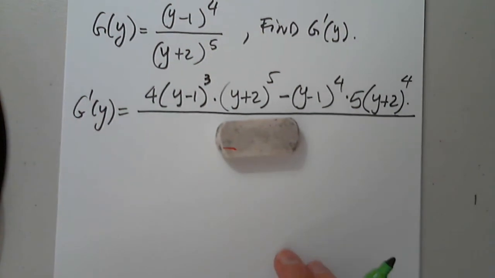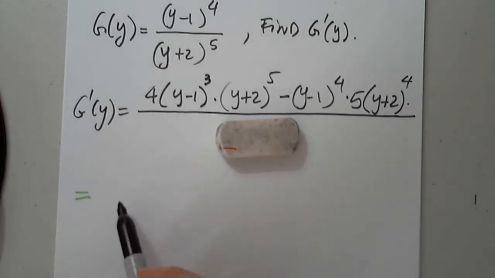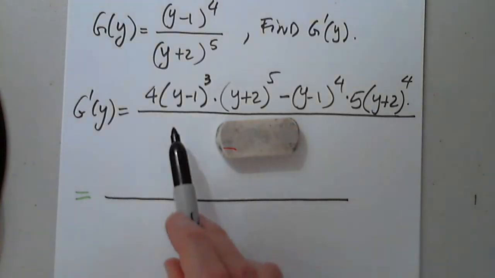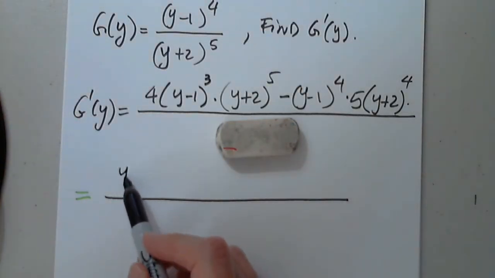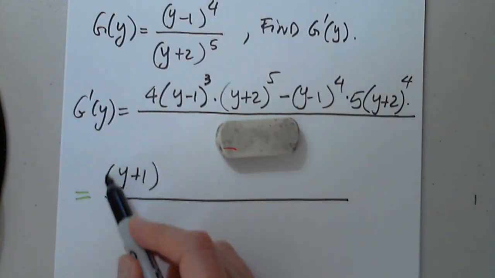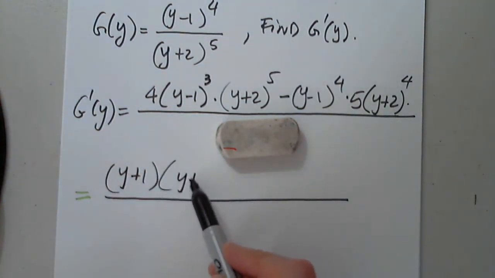What is the common factor in the numerator? The greatest common factor in the numerator. I see y minus 1 in both. I see y plus 2 in both.